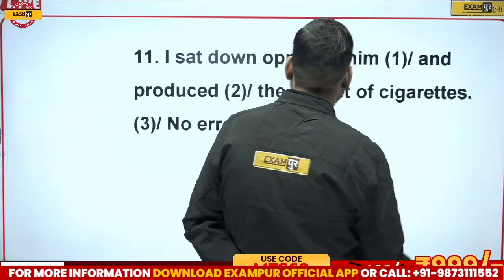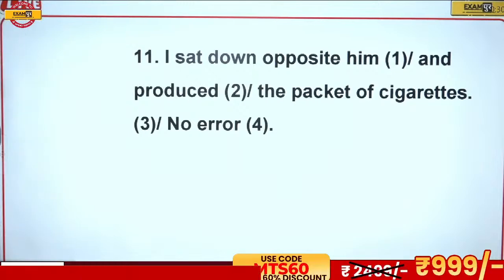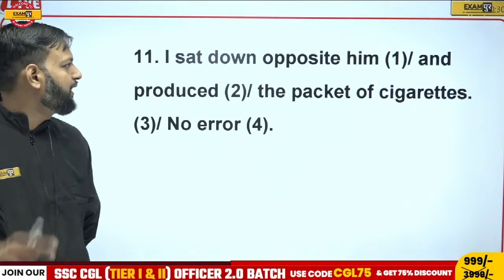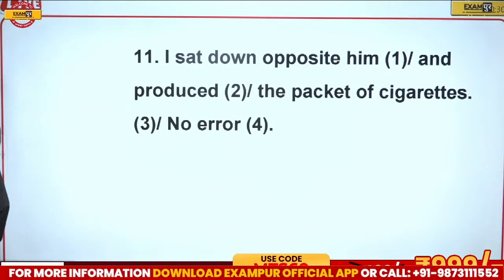Now the next one. I sat down opposite him and produced the packet of cigarettes. What is the error in this sentence?